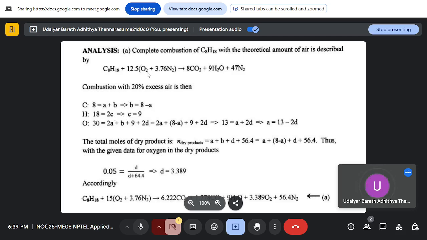Then oxygen: 12.5 times 1.2 times 2. So 12.5 times 1.2 is 15, and 15 times 2 is 30.